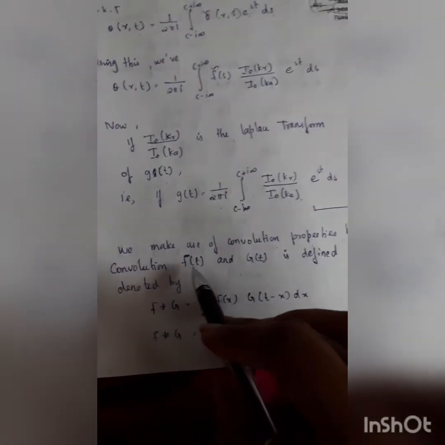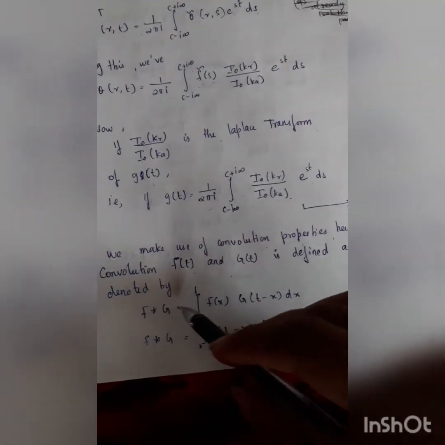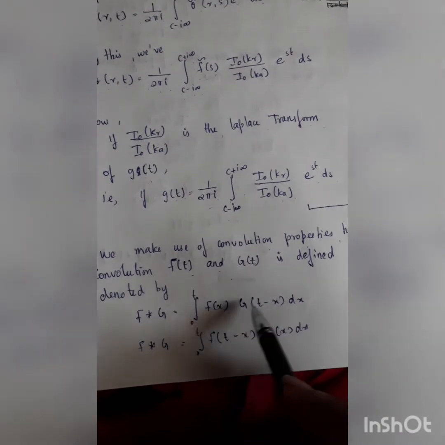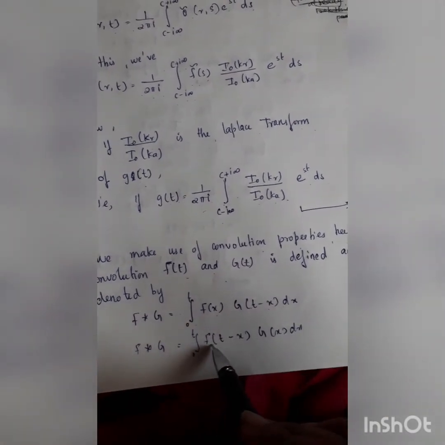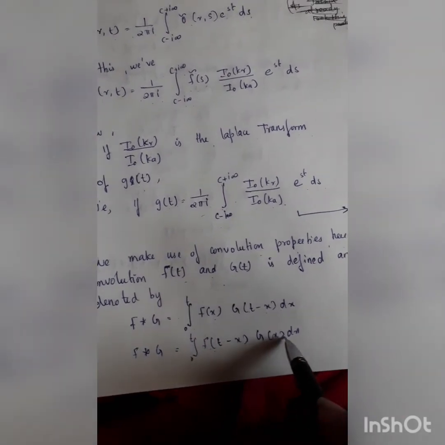The convolution of f of t and g of t is defined and denoted by f star g equal to the integral from 0 to t of f of x g of t minus x dx, and also f star g equal to the integral from 0 to t of f of t minus x into g of x dx.